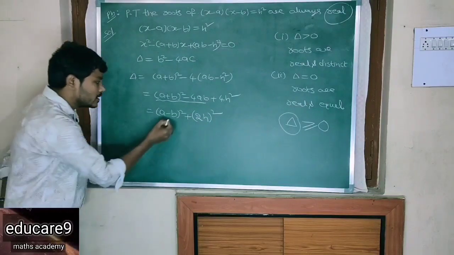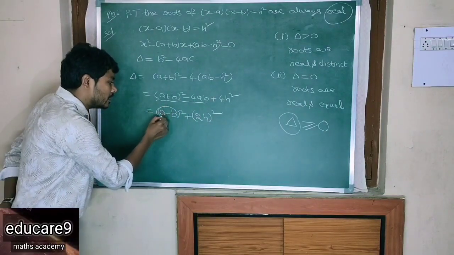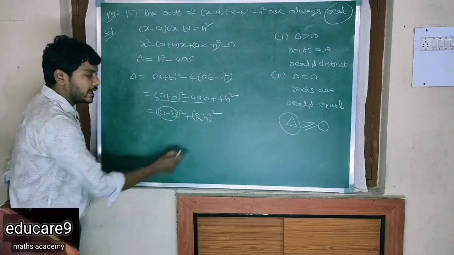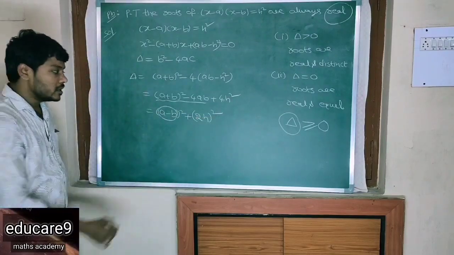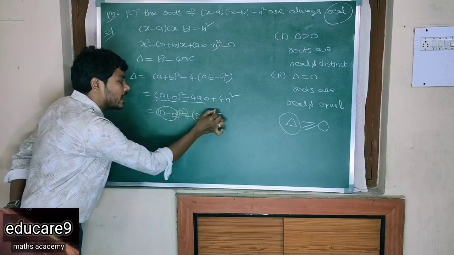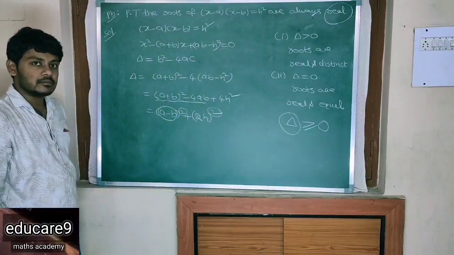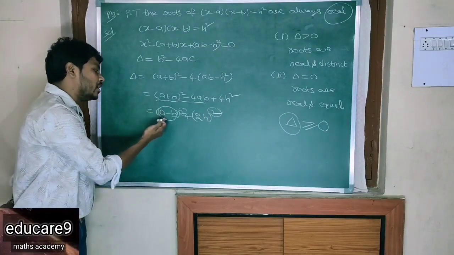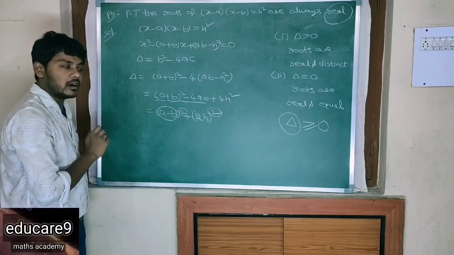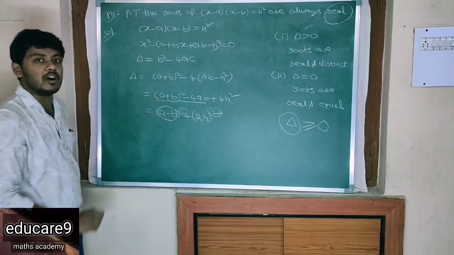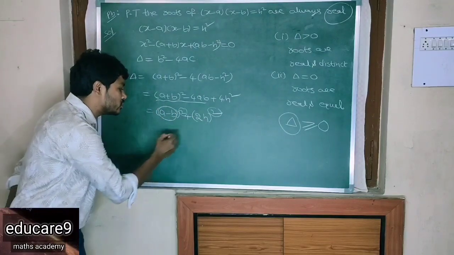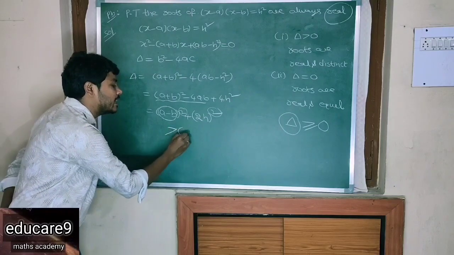See here, (a minus b) is whole square and 2h is whole square. Powers are even. Means for every value of a minus b or for every value of h, this value should be greater than 0.